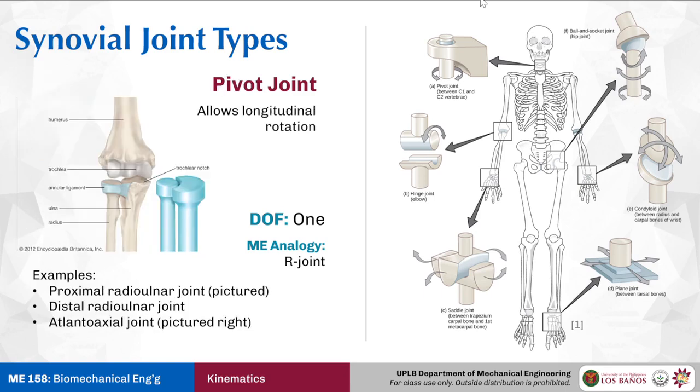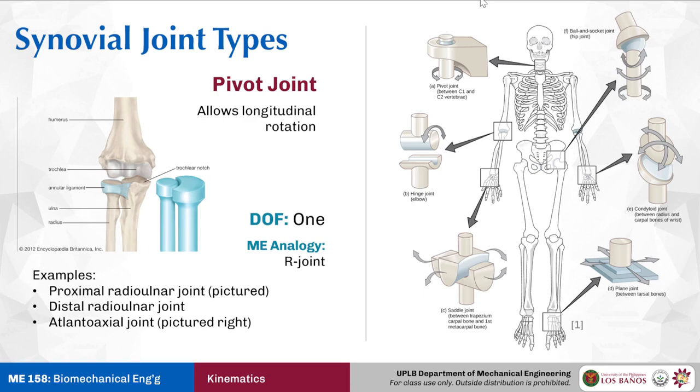However, the pivot joint only allows longitudinal rotation or anatomical rotation. So the bones are not changing their angle with respect to each other, but rather one of them is rotating with respect to the other bone.